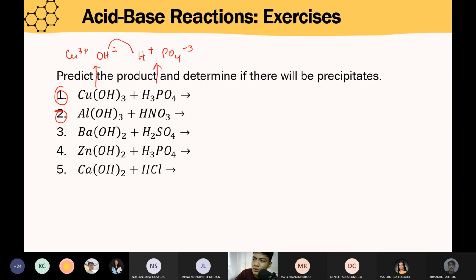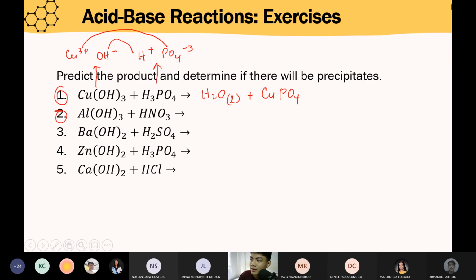Then you swap partners. Ito, bali ion. Determine the formula. H2O liquid plus copper 3 phosphate. Okay? So, ganun lang. That's the double displacement reaction. Again, it is important for you to know the correct formula, okay? And the ion charge.